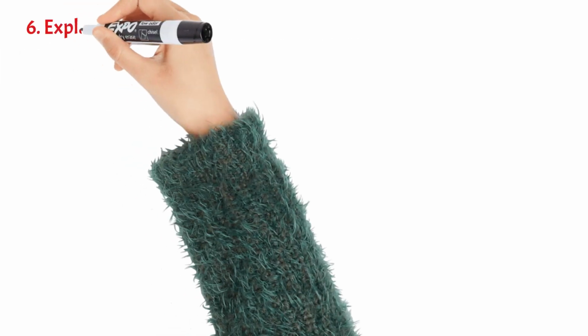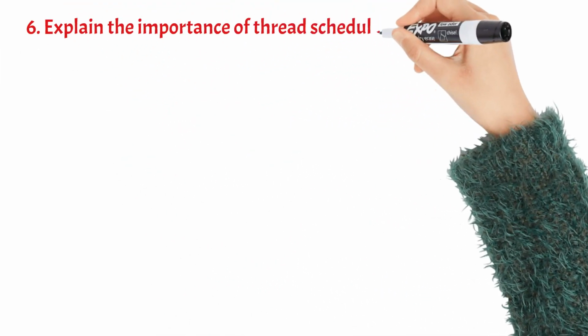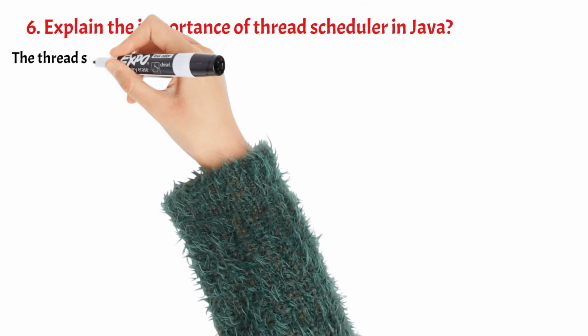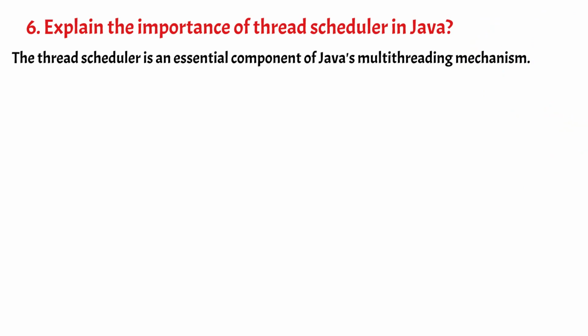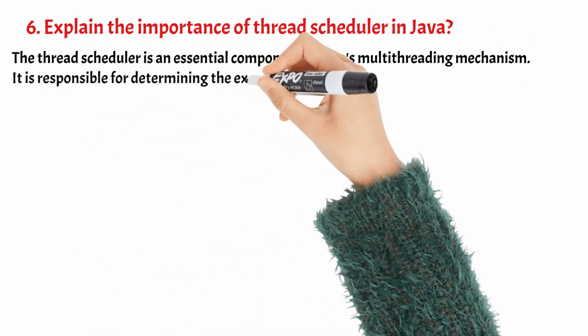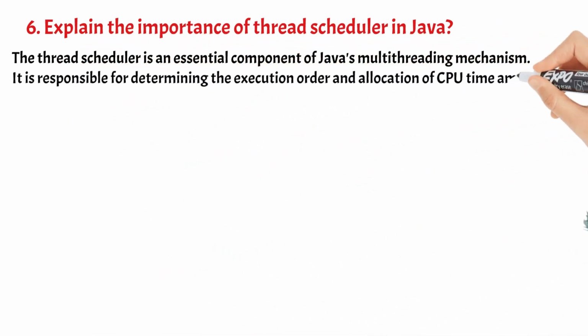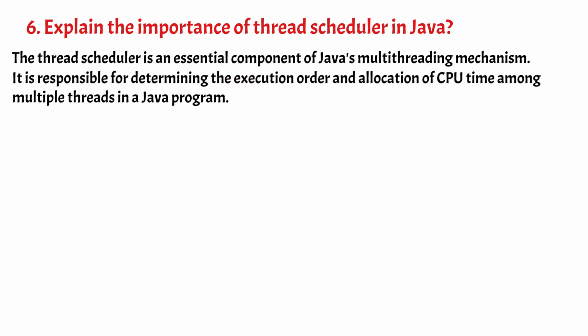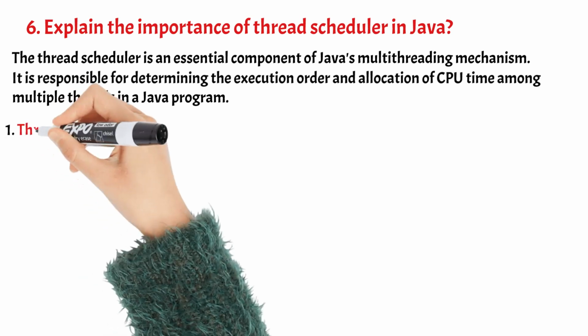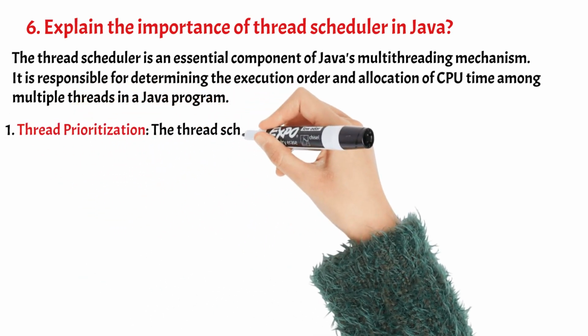6. Explain the importance of thread scheduler in Java. The thread scheduler is an essential component of Java's multi-threading mechanism. It is responsible for determining the execution order and allocation of CPU time among multiple threads in a Java program. 1. Thread prioritization.